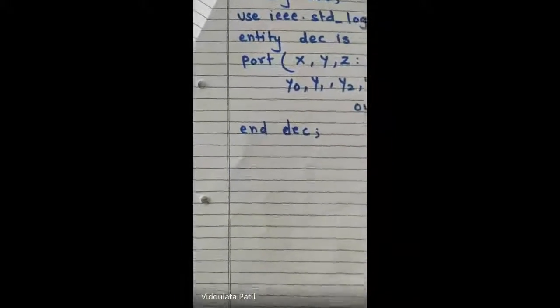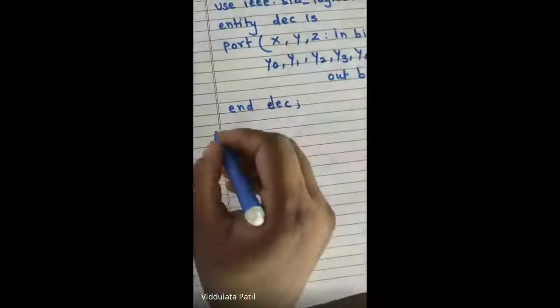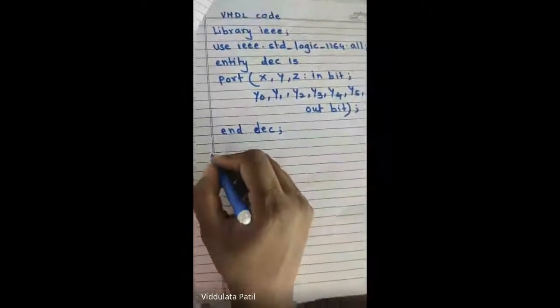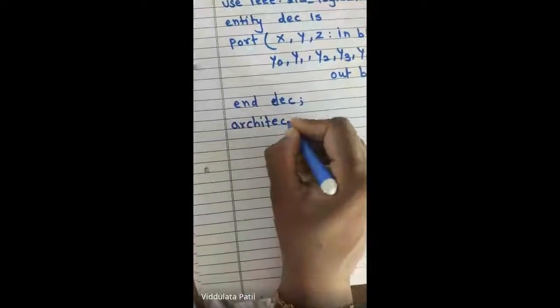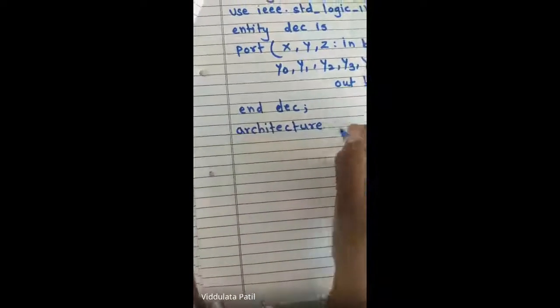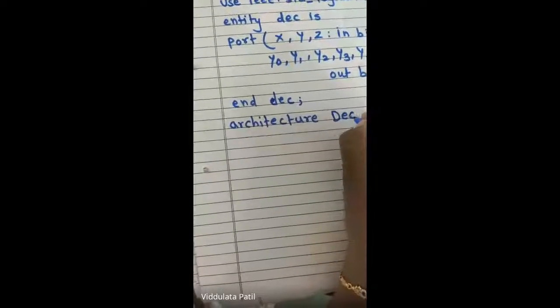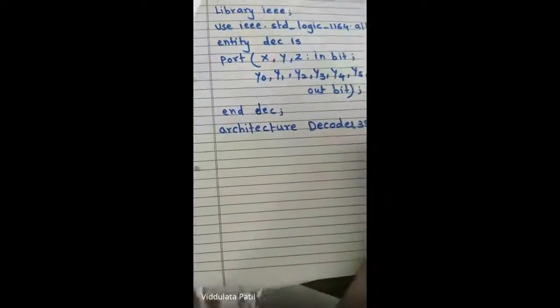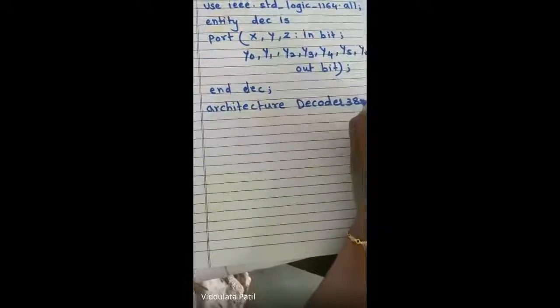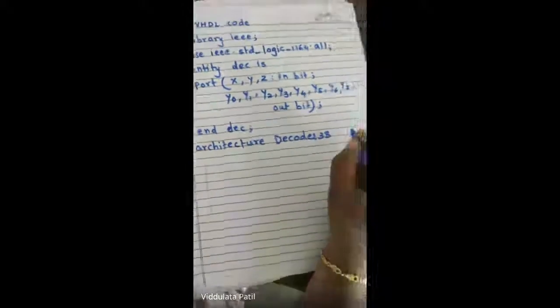Okay. After this, now what is the next task? We need to declare the architecture. Architecture of decoder 38. Remember that whenever you are giving a name, there should not be any space in between.